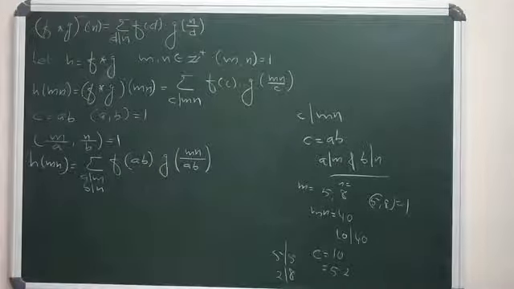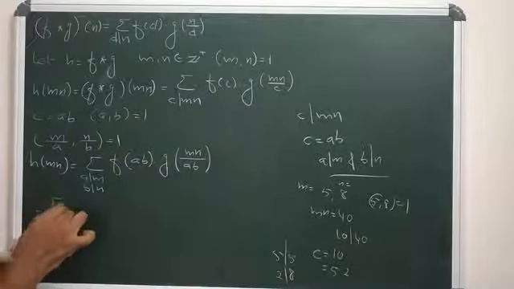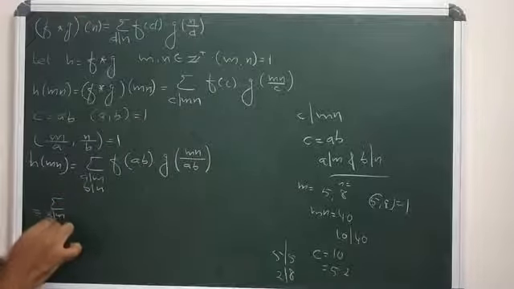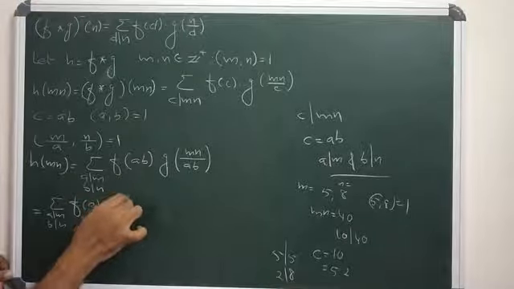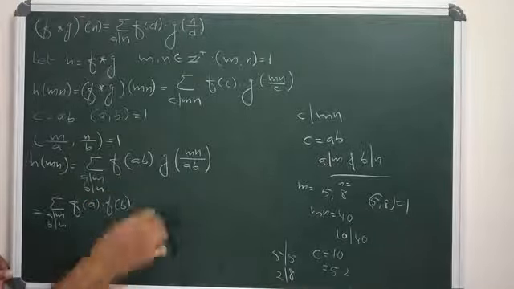It equals the sum over a dividing m, b dividing n. What is f? f is multiplicative, so it is f of a into f of b. g is also multiplicative, so g of mn by ab is g of m by a into g of n by b. This is because of the multiplicativity of f and g.